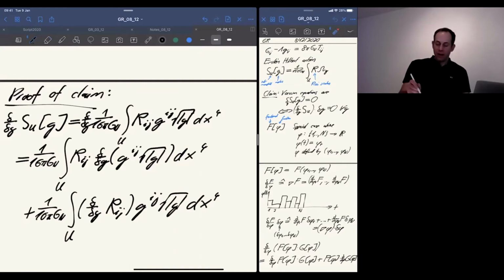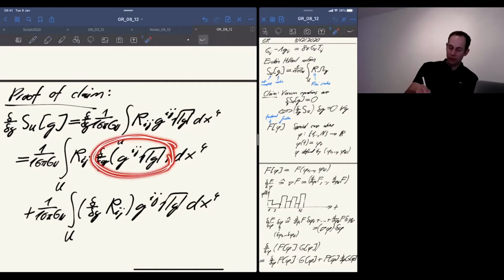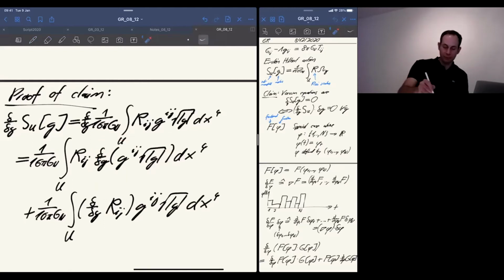Now our next task is essentially to evaluate these brackets. So we need to find out what this means, and what this means here. Let's give these terms some numbers. So let's just say the whole first term is 1 and the whole second is 2.